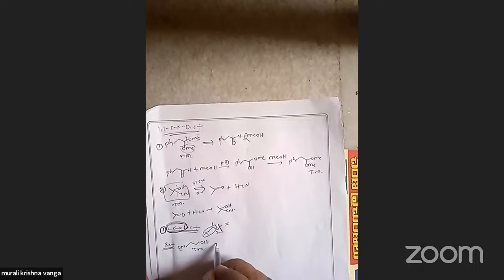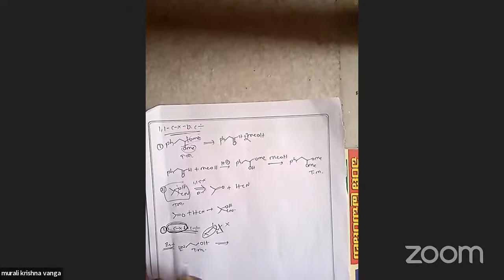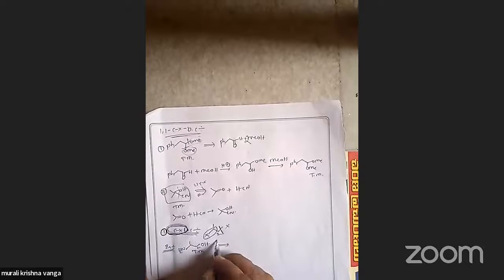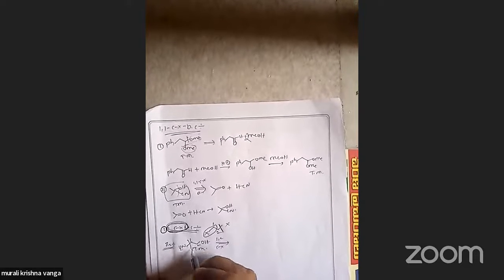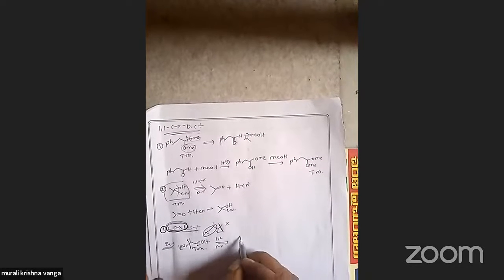So an example for 1,2 CX disconnection is this: I am taking the target molecule 2-amino ethanol. In this 2-amino ethanol, 2 functional groups are there, and the relationship between them is 1,2. Therefore, it undergoes 1,2 CX disconnection, and it is disconnected like this, forming epoxide and ammonia as the starting materials.